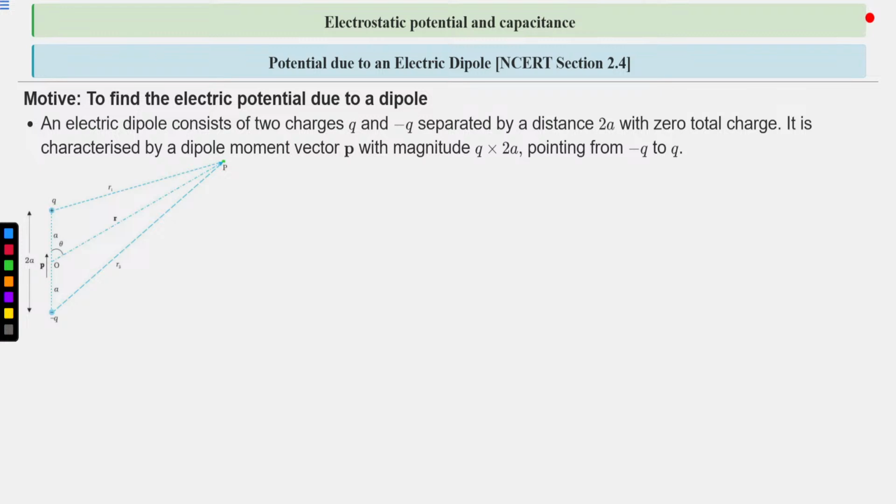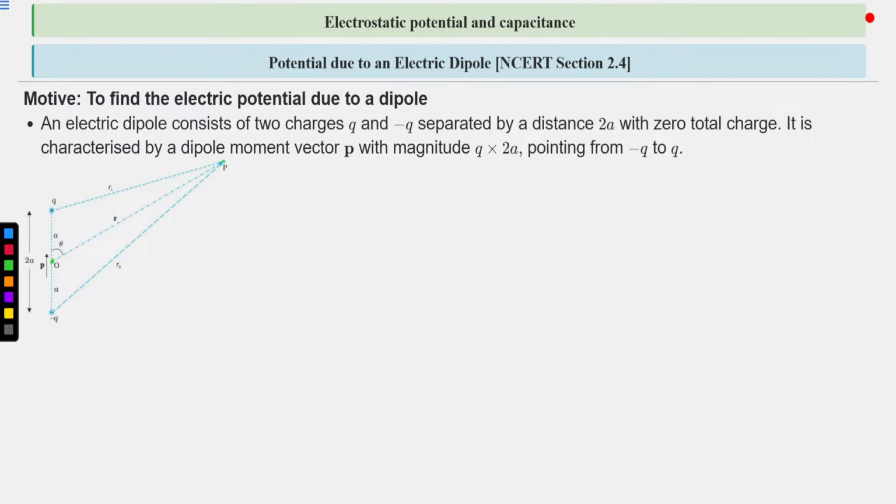So this is the center of the dipole. From the center, the position of this P point is R, and this is the position vector directed towards this P point. R1 is the distance of this P point from plus Q charge, and R2 is the distance of this P point from minus Q charge.